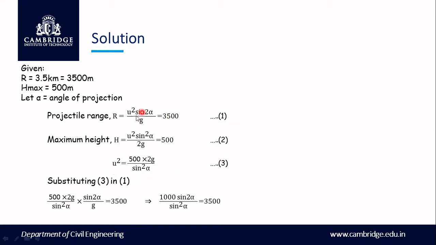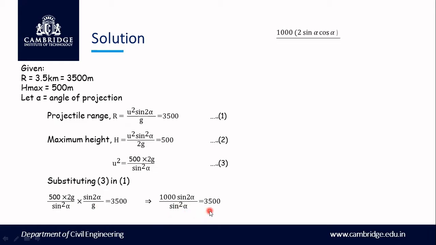When you substitute, u square gets replaced with this term, into sine 2 alpha by g is equal to 3500. On solving this, g gets cancelled, so 1000 sine 2 alpha by sine square alpha is equal to 3500.